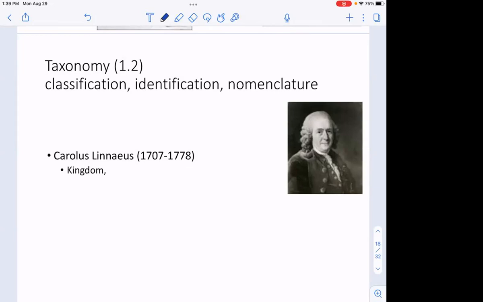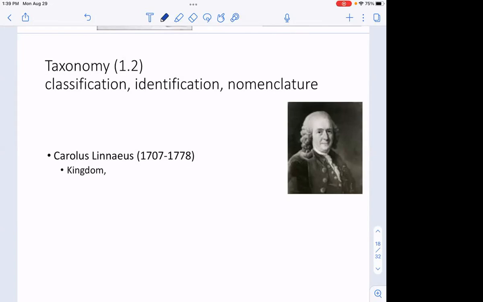And those things all sound like about the same thing. But what I mean by that, classification is when we put organisms into groups. So we classify them with other organisms that are related in some way. When we ID an organism, that means we decide what group they belong in.